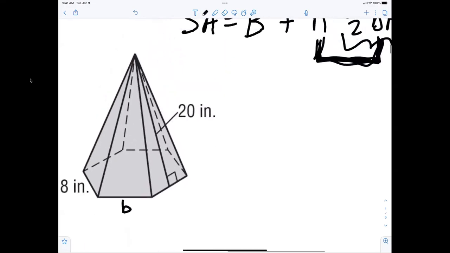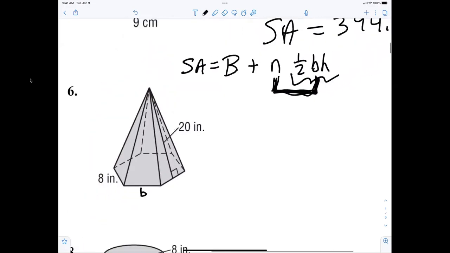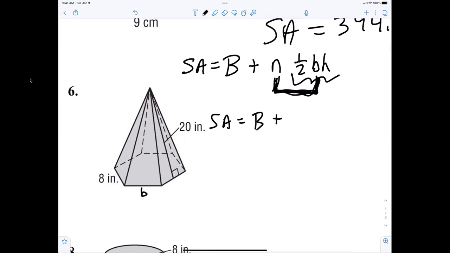So if I take n, which is the number of sides, and multiply it by the base, that is the perimeter. All right. So the surface area of a pyramid is simply the area of the base plus 1/2 perimeter times the height.